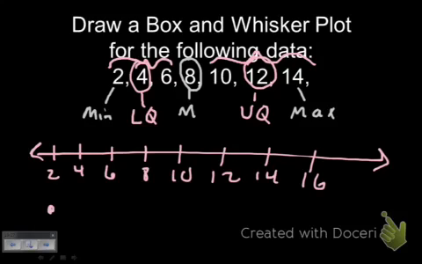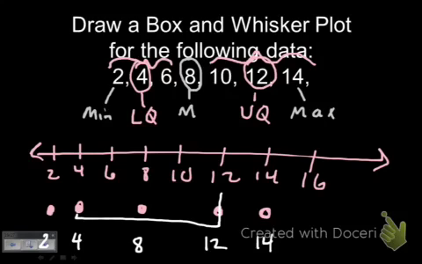So I plot 2, I plot 4, right below my number line, 8, 12, and 14. Those are my 4 points. And then I'm going to want to make sure I label those, so make sure you label them. So that's 2, that's 4. Sometimes they won't be nicely on the number line, so label what they are right below. And then we go ahead, draw in our box around the middle 3.